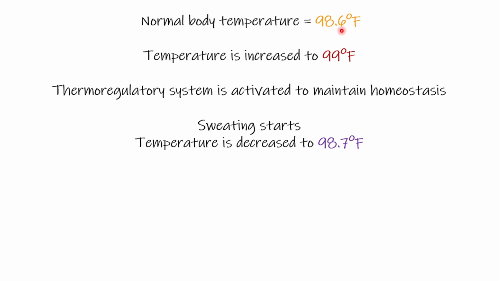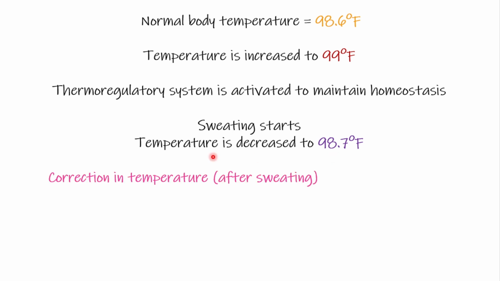possible to 98.6. Now, as an example to explain the gain of a system, sweating starts and the temperature is decreased to 98.7. Not 98.6, the temperature is decreased from 99 to 98.7. Now I'm going to explain what exactly is correction and what exactly is error.